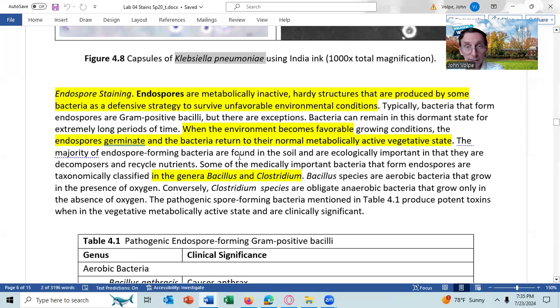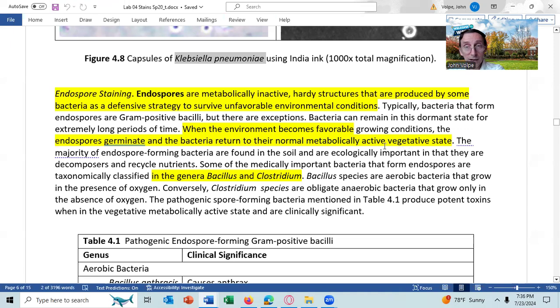Instead of looking like an endospore, it'll appear as the normal bacteria. Most of the cells that form endospores are bacilli. There is one species of cocci, but most are bacilli. So it'll change its shape from the endospore to a bacilli, and that'll be a metabolically active vegetative state.